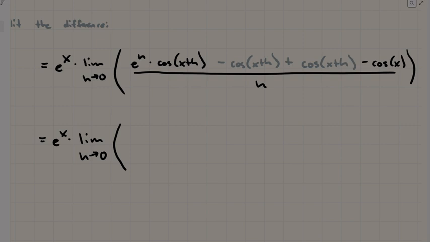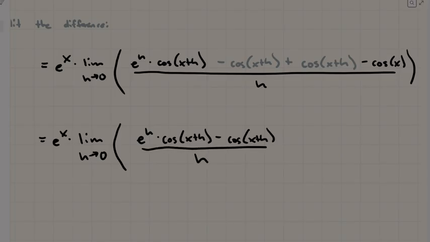Now we're going to group the minus one with the first term. So e to the h times cosine of x plus h minus cosine of x plus h over h. And then now we're going to have plus cosine x plus h minus cosine x over h.